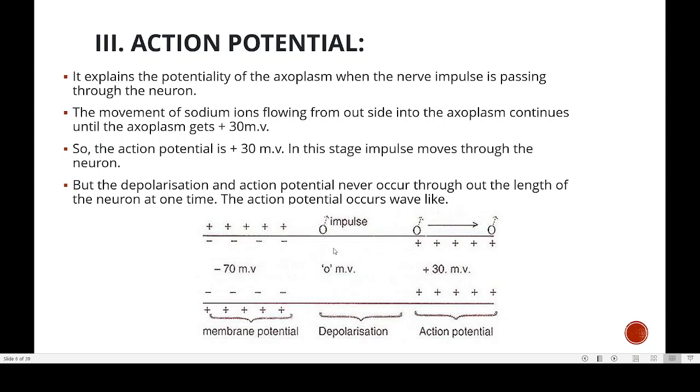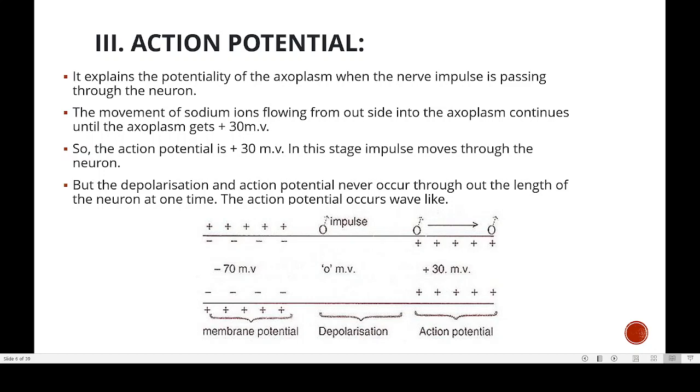But instead of 70, normally 100 sodium ions are entering. So when 100 sodium ions are entering, the 70 ions and the minus 70 charge still cancel each other. But when the extra 30 ions are entering, the overall charge inside the membrane, inside the cytoplasm, will become plus 30 millivolt.